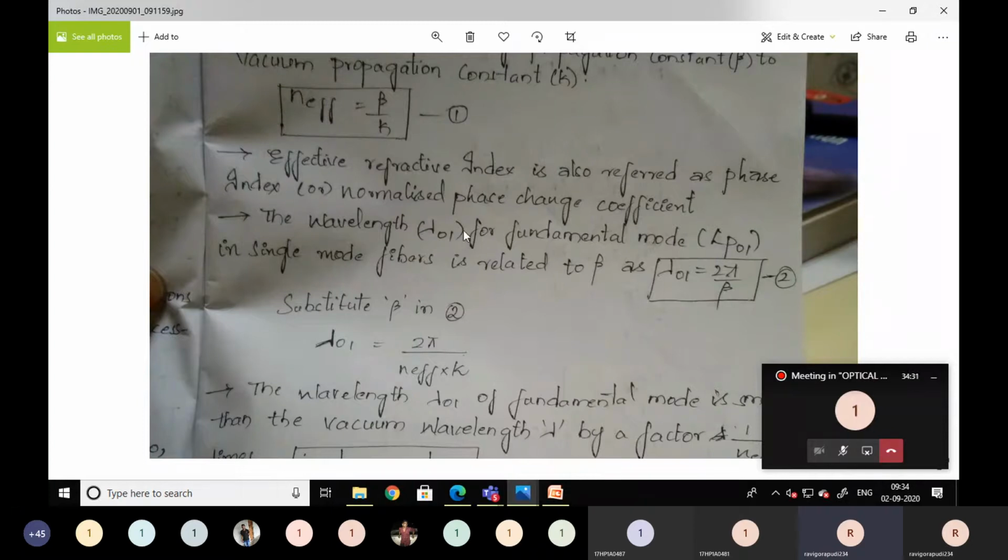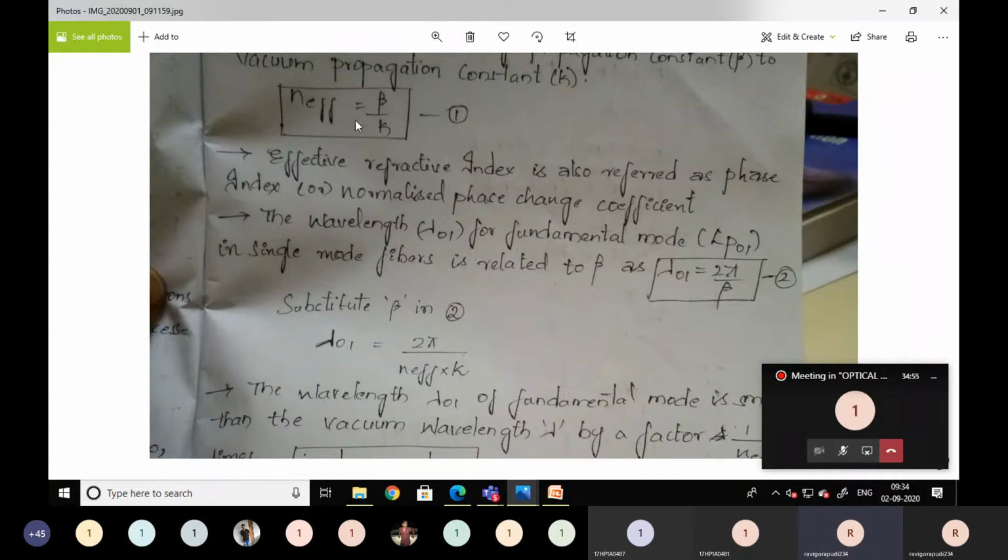N effective is beta by k. Substitute beta from the first equation here. Lambda 01 is equal to 2 pi by beta.